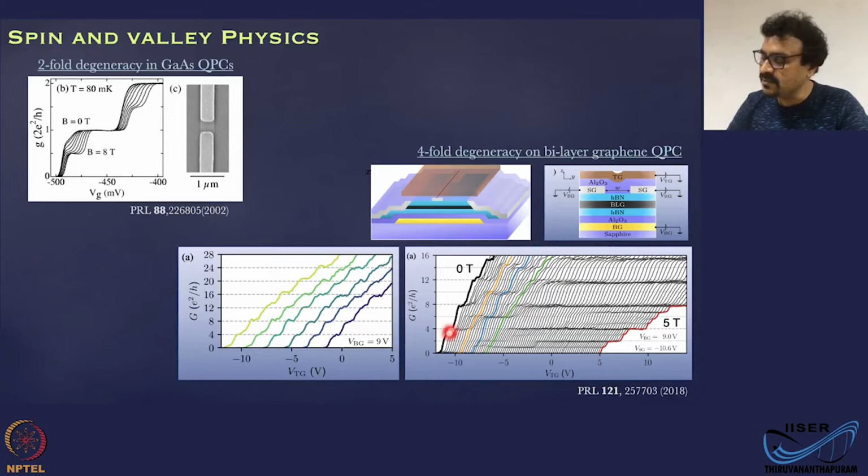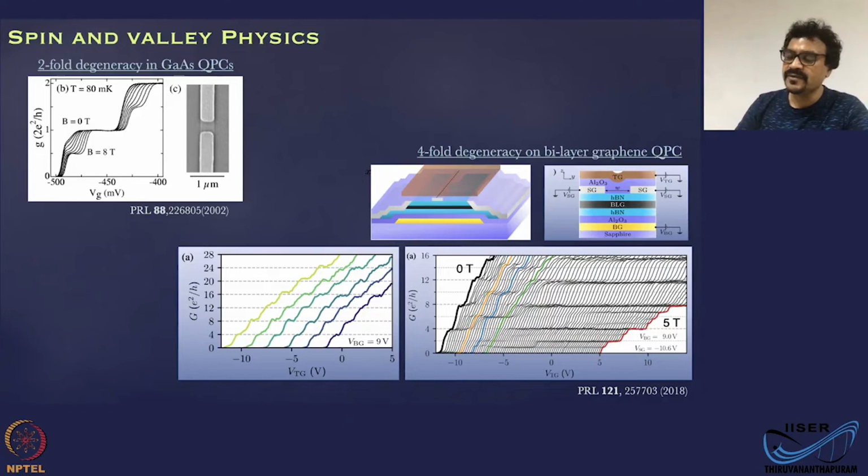The moment you apply a magnetic field, you lift all this degeneracy and it eventually becomes e square by h. You can see that each of these plateaus is split into 4 individual plateaus when you take the field from 0 Tesla to 5 Tesla.